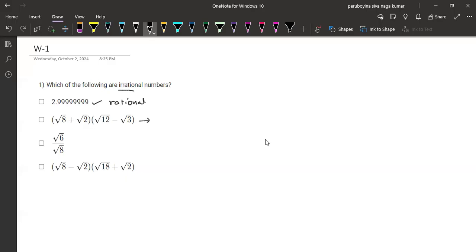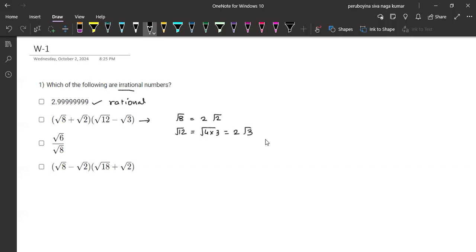And if you see this, root 8 can be written as 2 root 2. Okay. And root 12 can be written as root of 4 into 3, so you can write 2 root 3.